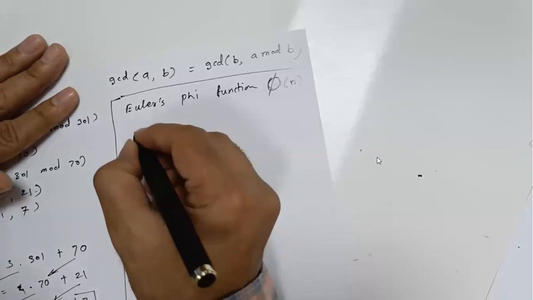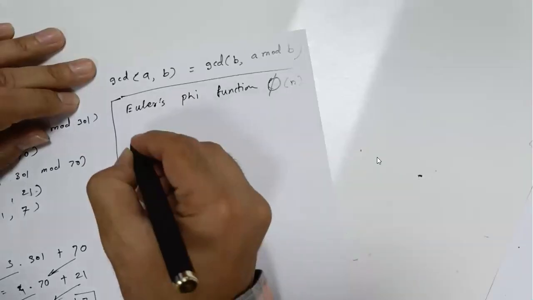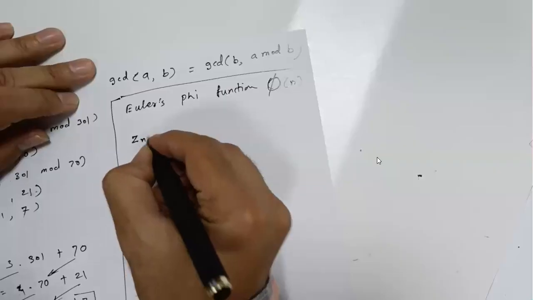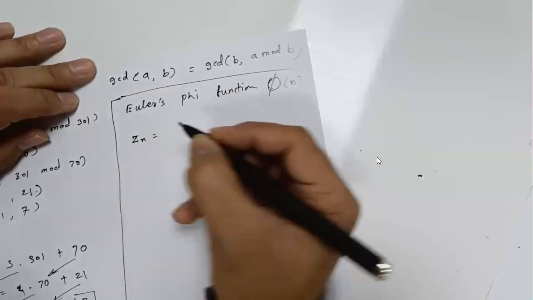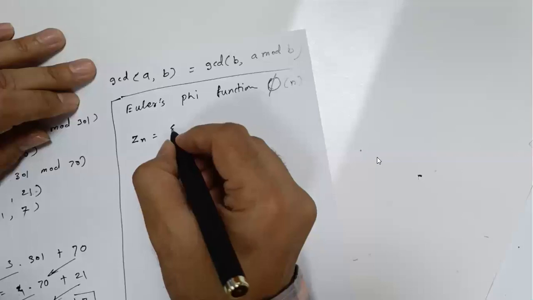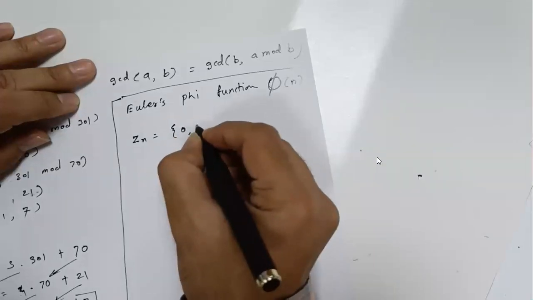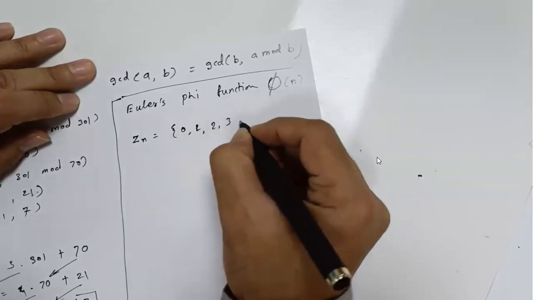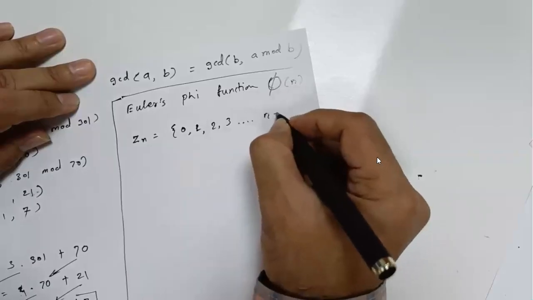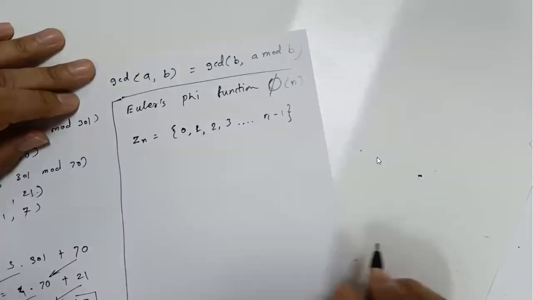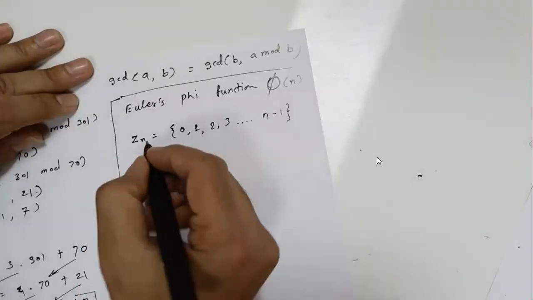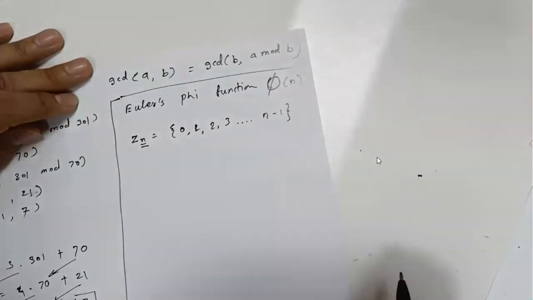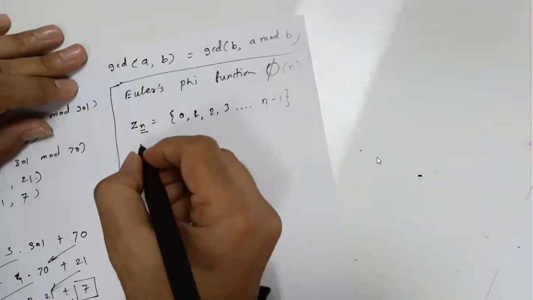I'll tell you the definition first. If you have a set of numbers 0, 1, 2, 3 till n minus 1. How many numbers are these? N numbers.